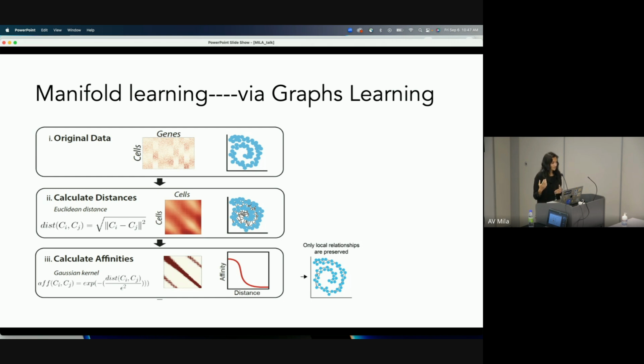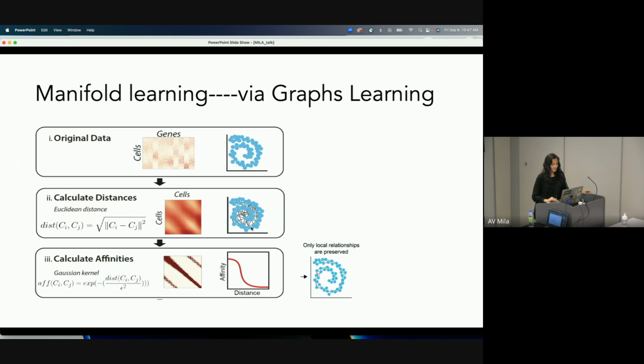Some typical steps, but not the only steps that'll do this, are to take this matrix, which you can think of as a cell by gene matrix, and compute distances. And as I told you, the manifold assumption allows us to use simple distances like a Euclidean distance. And then you get a distance matrix. You see the distance matrix is symmetric, and now it's a cell-cell matrix instead of a cell by gene matrix.